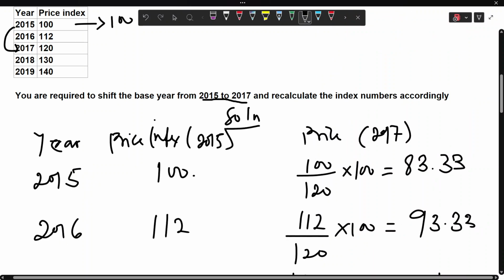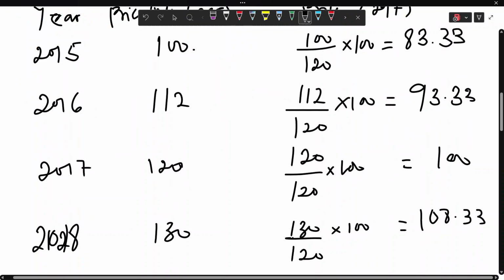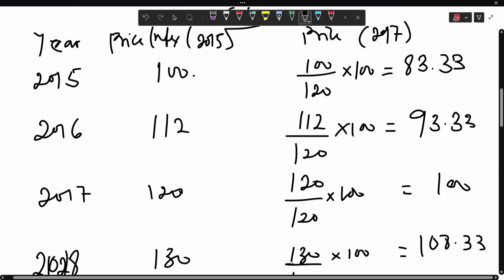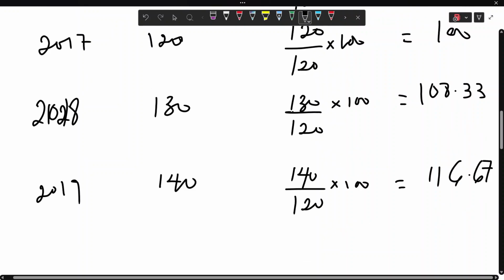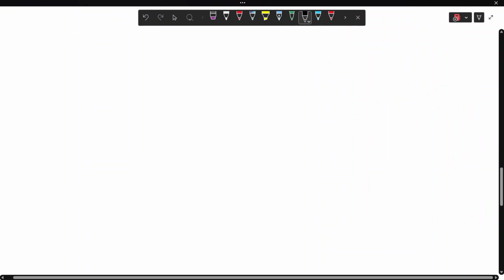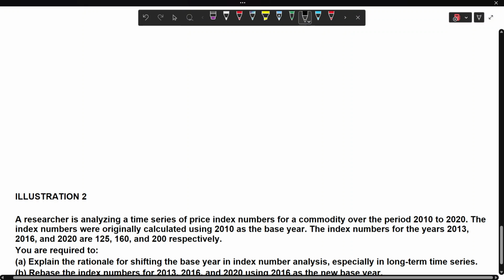So now we are done calculating the new index based on the 2017 base year. So let's solve another question.